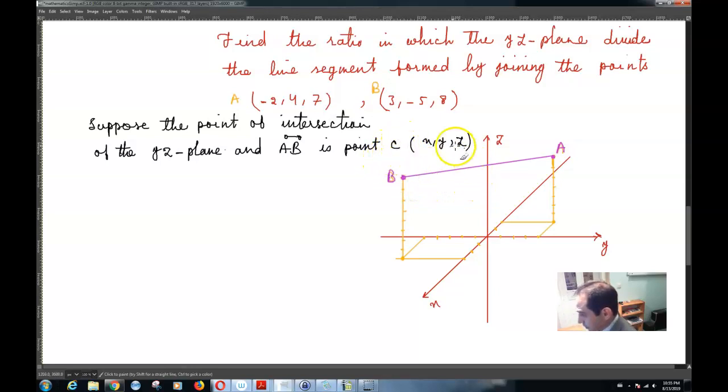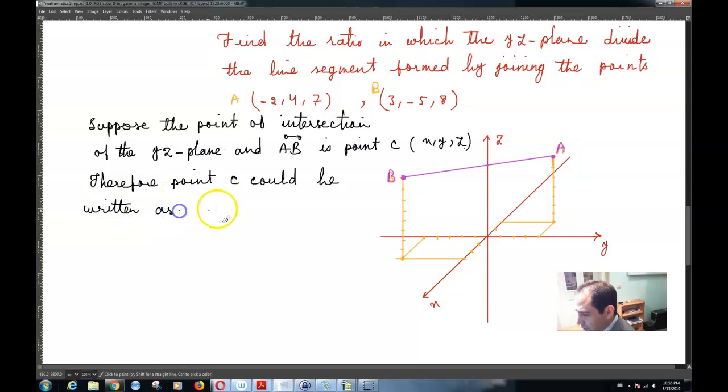So therefore, point C could be written as 0, y, z, because on the YZ plane the x coordinate is 0.